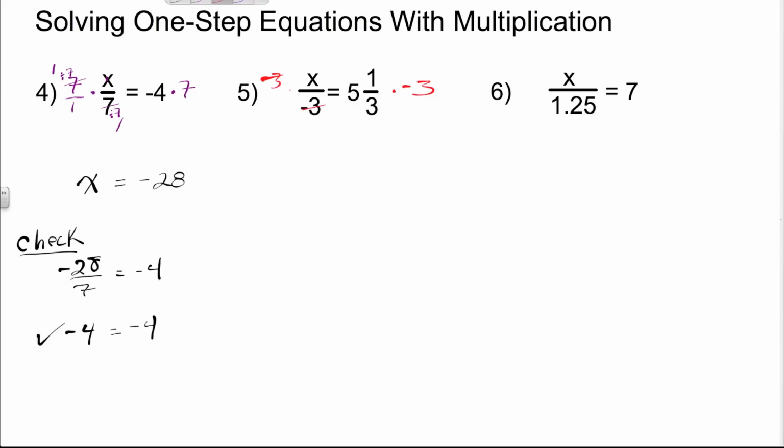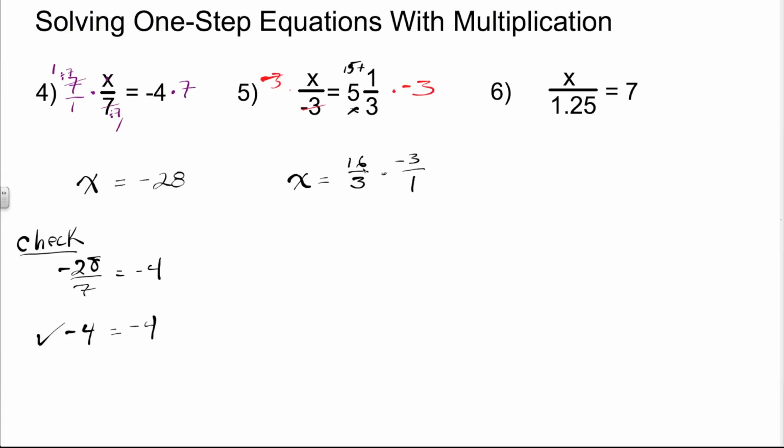They cancel, if you will, leaving us with the variable now solved for, x, being equal to... Now on this side, we have to multiply this mixed number by this integer. We'll change this mixed number into an improper fraction. 5 times 3 gives me 15, and then 15 plus 1 gives 16. That'll give me 16 over 3 times negative 3.